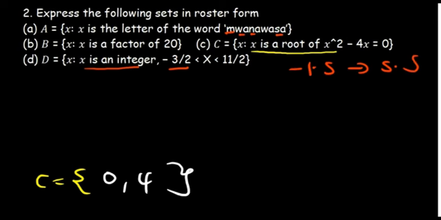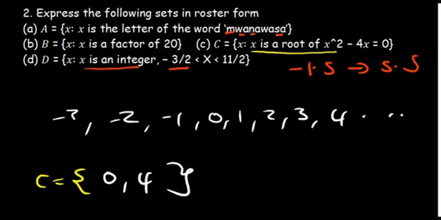So now, what are integers? Before we get to list them, we need to understand what integers are. Integers basically consist of natural numbers and also negative numbers. We don't consider decimal numbers or fractions when we are talking about a set of integers.